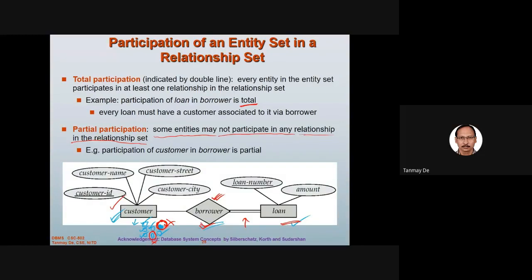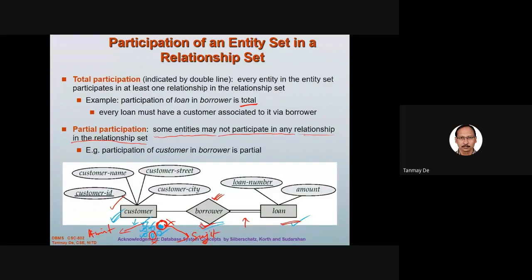Say this customer is, say, Amit. That is, Amit is taking a loan. So this is the participation. Customer Amit already has a loan from the bank, meaning Amit participates via the borrower for taking the loan. But this customer, say the name is Sujit.